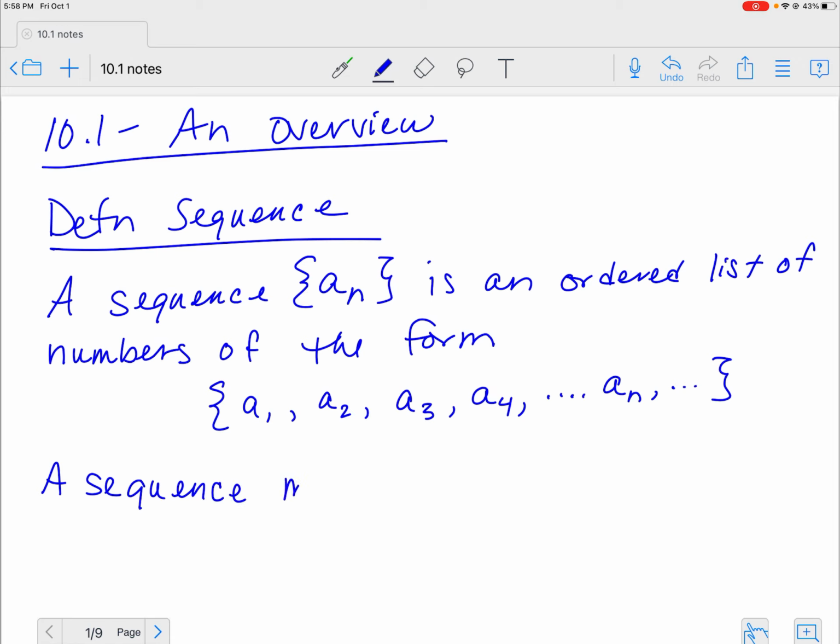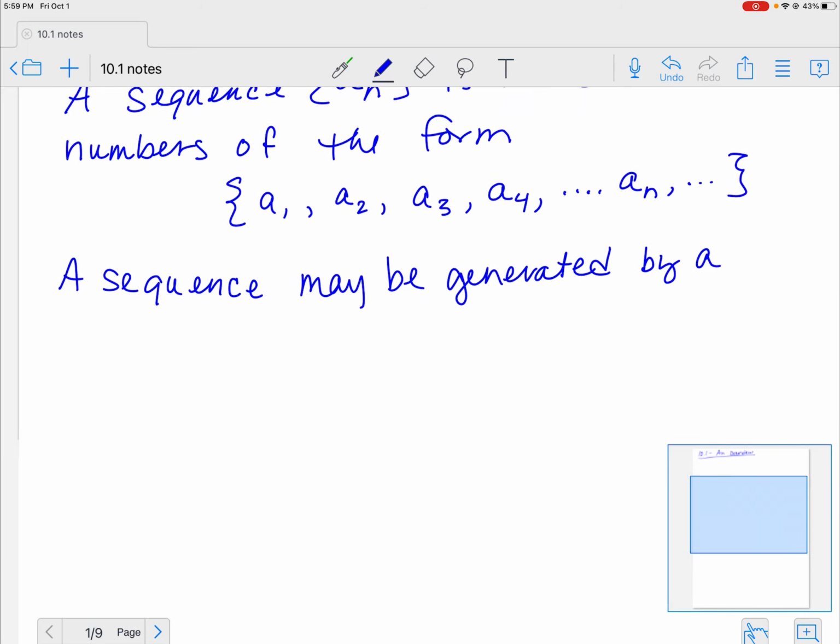All right. A sequence may be generated by a recurrence relation. We'll get back to that. I'm going to scoot this up a little bit here.